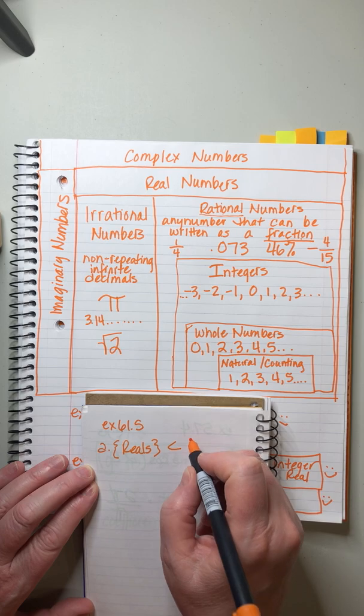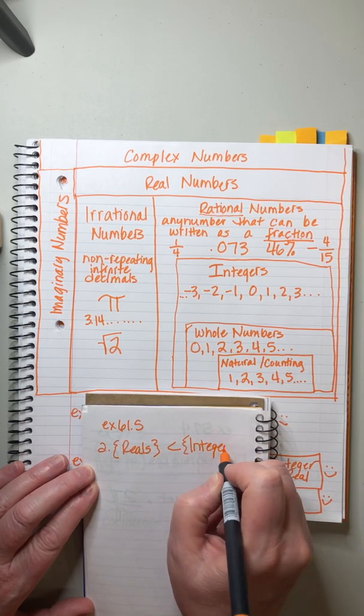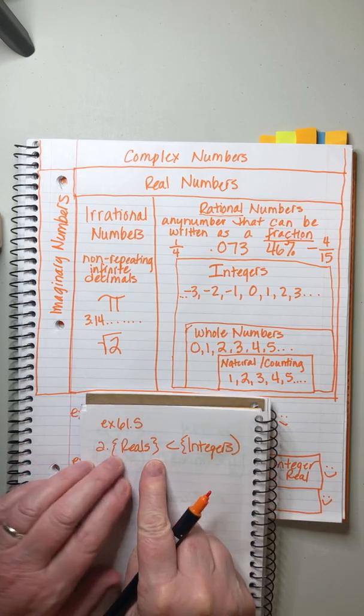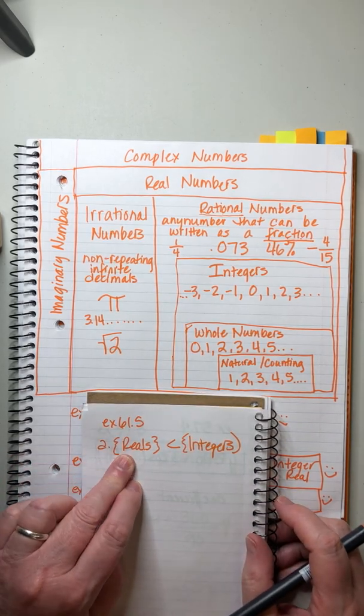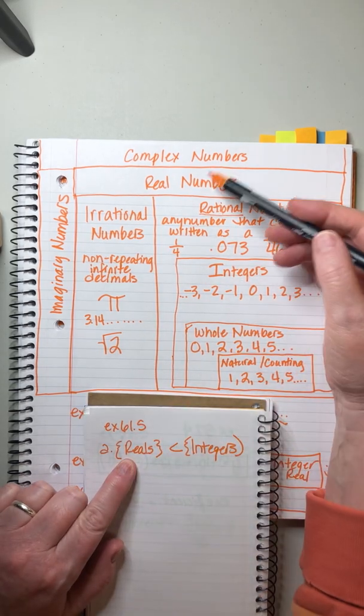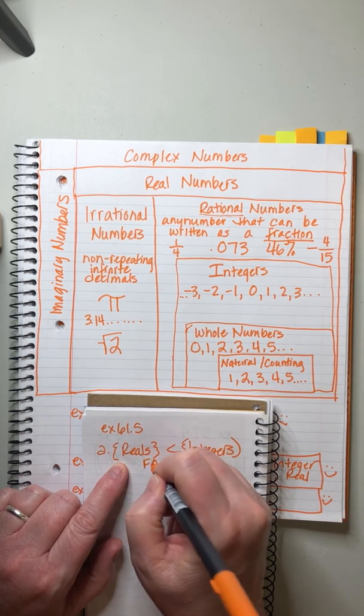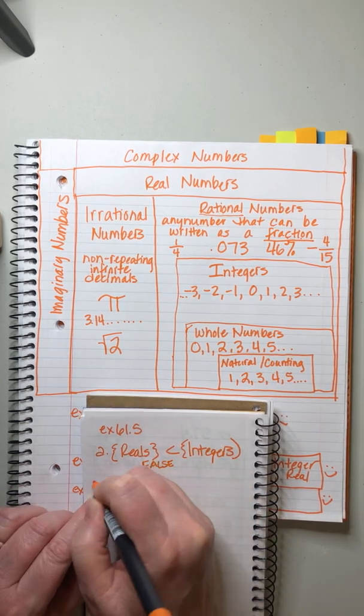A, the set of reals is a subset of the set of integers. Okay, the way this reads is that this is the smaller one and it fits into that one. That's not true. It's the other way, right? Reals are bigger than integers, so this is not true. It's the other way around.